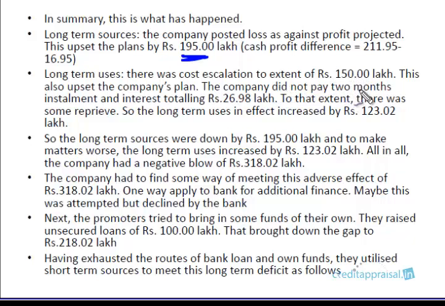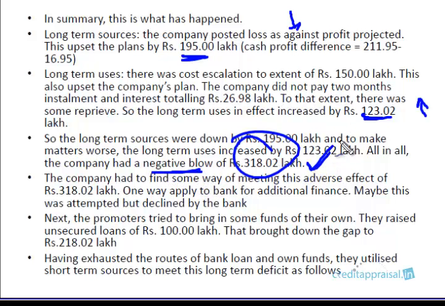To some extent, this was mitigated because there's an overdue of 26.98 lakhs, which means that the term loan was not repaid. So in a way, there is a reprieve. So the long-term uses have come down to that extent, but still, overall, the long-term uses have gone up by 123. So long-term sources were down by 195 lakhs. The long-term uses have gone up by 123. Put together, 318.02 is the total negative blow the company had compared to the original plan.